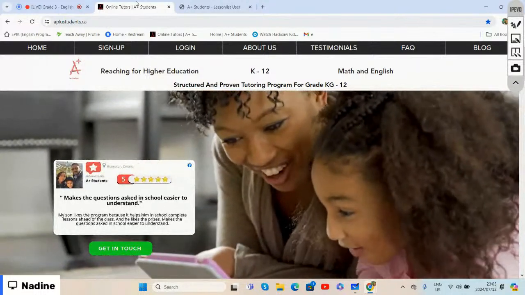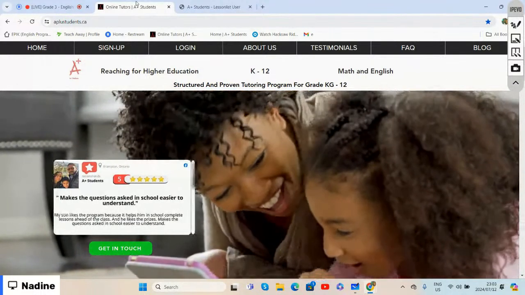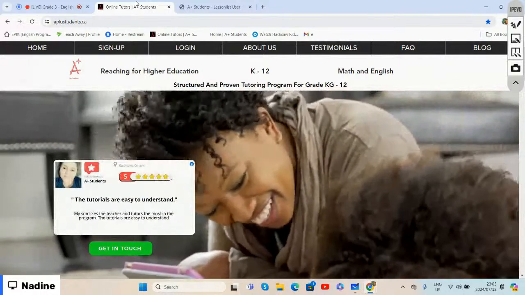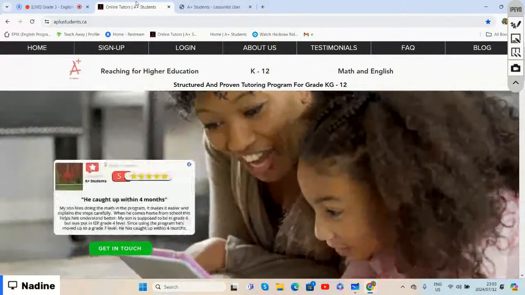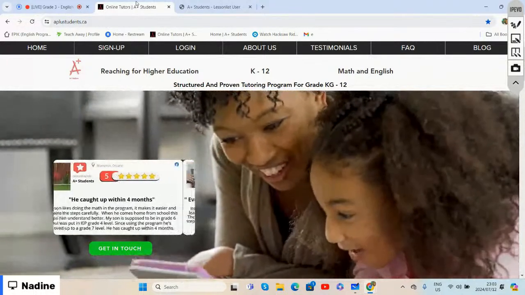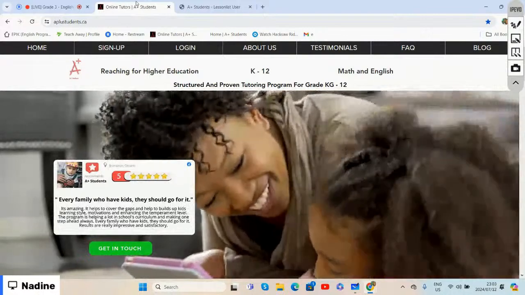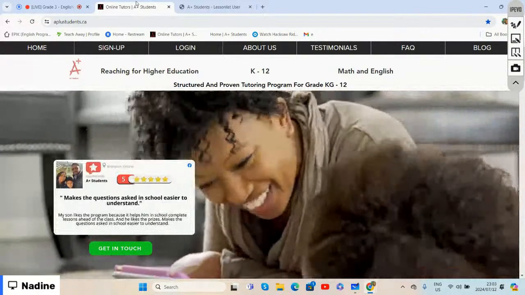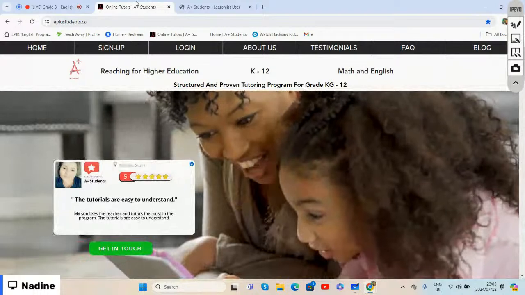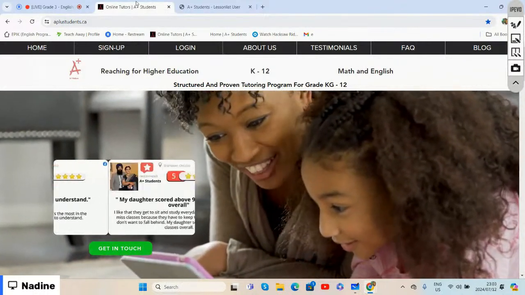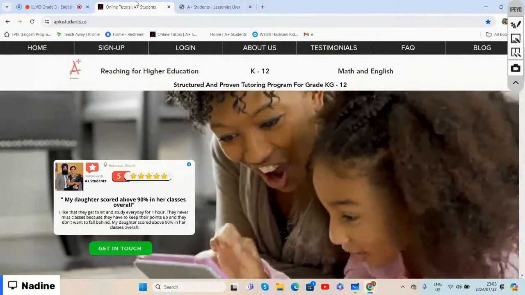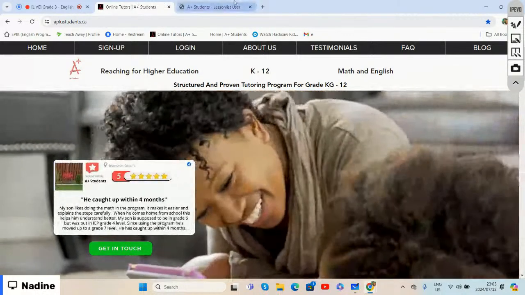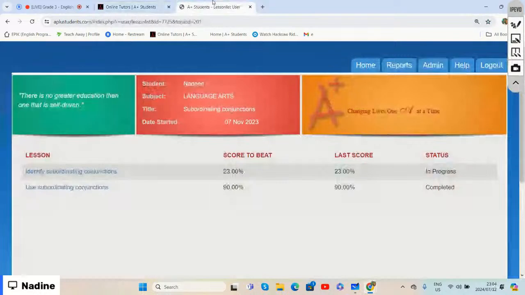Once you've logged on with our username as well as our password, we're going to select the subject of English Language Arts, grade 3. And then we're going to scroll down until we get to the chapter of subordinating conjunction.